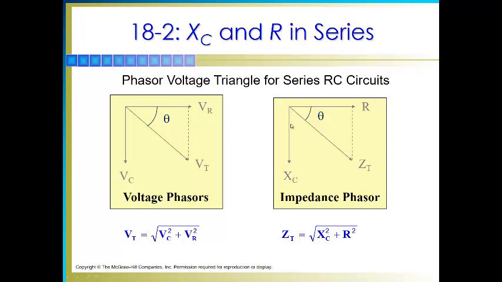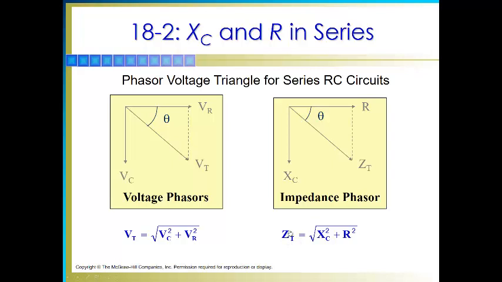So if we need to find out what is the impedance of the circuit, we can add the resistance plus the capacitive reactance. When we add these two vectors, we're going to get this as a result, and that will be the total impedance of the circuit.